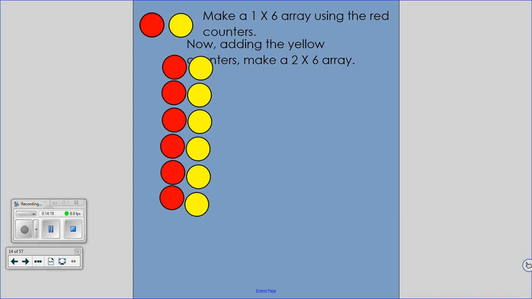So if I ask you, what is 1 times 6? What is the product of 1 times 6? Aviana? 6. Go ahead and write your equation inside your notebook. 1 times 6 equals 6.